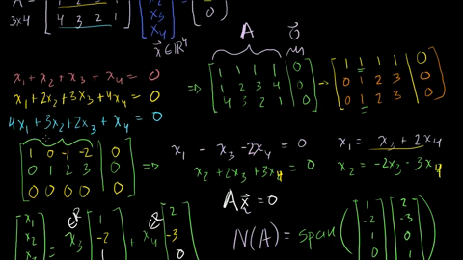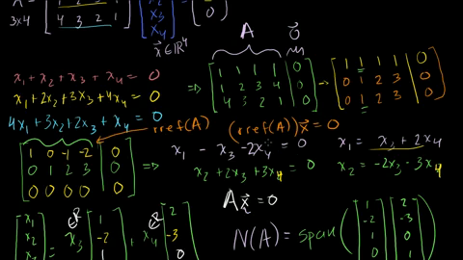That right there is the reduced row echelon form of A. And so this equation is a linear equation that's trying to solve this problem: the reduced row echelon form of A times our vector x is equal to 0. All the solutions to this are also the solutions to our original Ax is equal to 0.